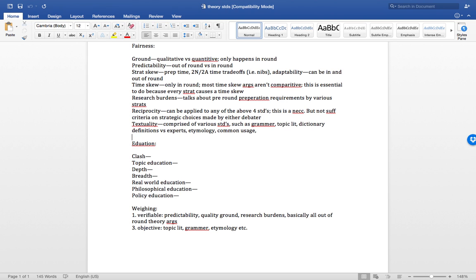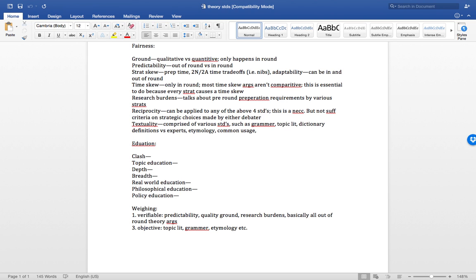Okay. So how do you determine if your aff is topical or not? That's a fantastic question. So, that's actually what we're going to talk about next, which is how do we determine that? So there's various standards that comprise the topicality debate, or the T debate. First is grammar.